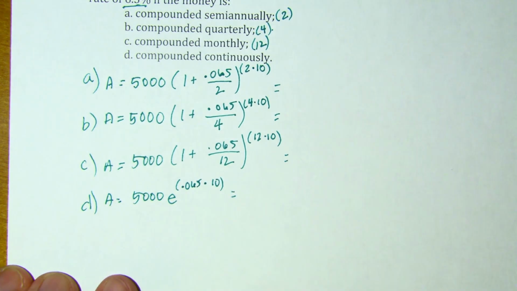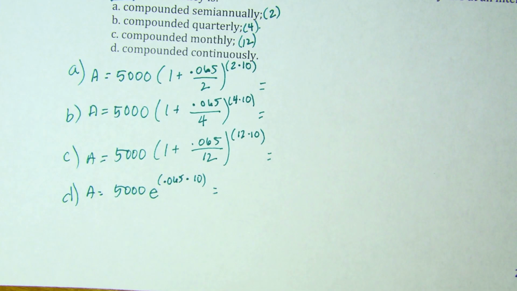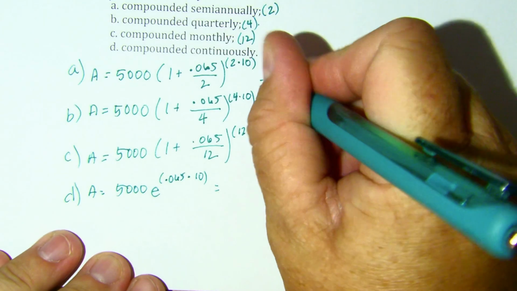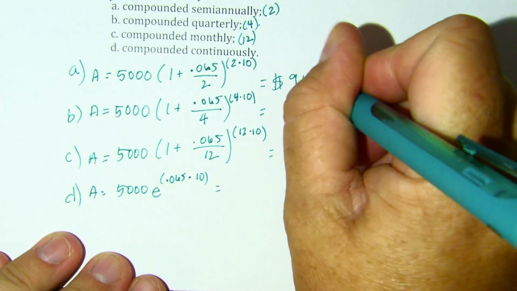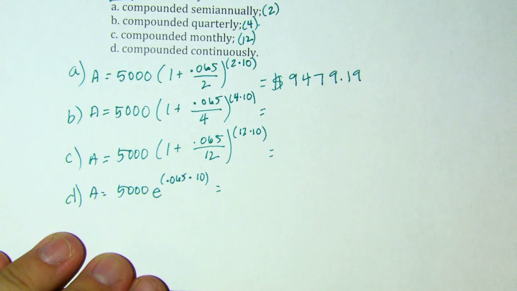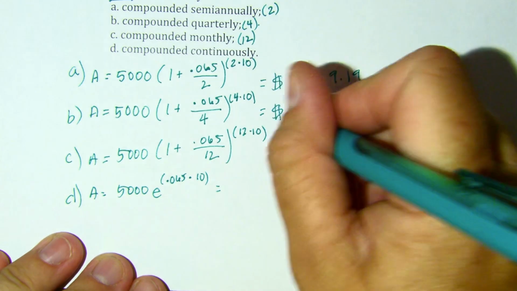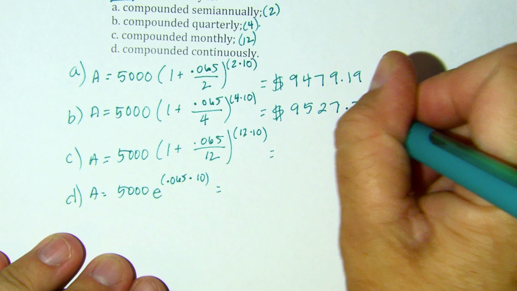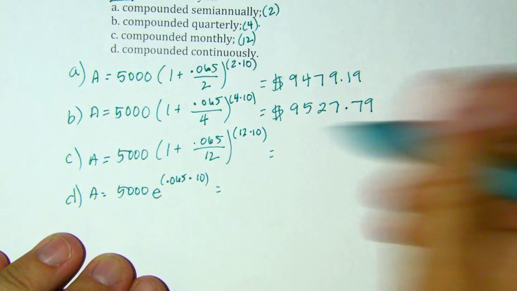So typing all of those into our calculator, again, making sure you're following order of operations and doing things correctly. For the first one, you should get $9,479.19. For the second one, you should get $9,527.79, so already an increase.